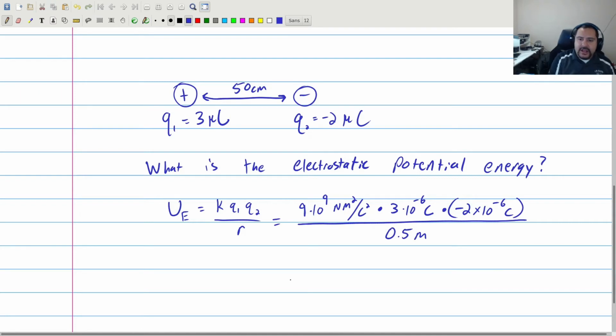And when I do this, I get an answer of negative 0.108. But what are my units here?